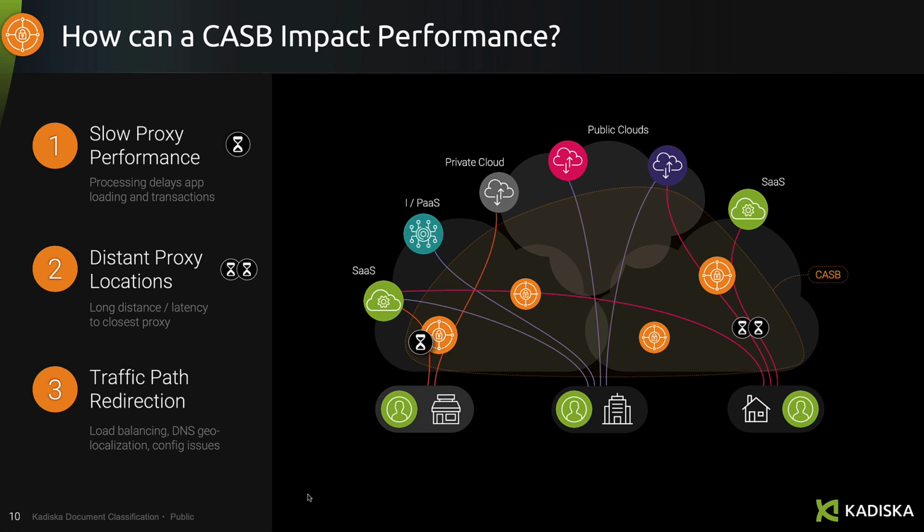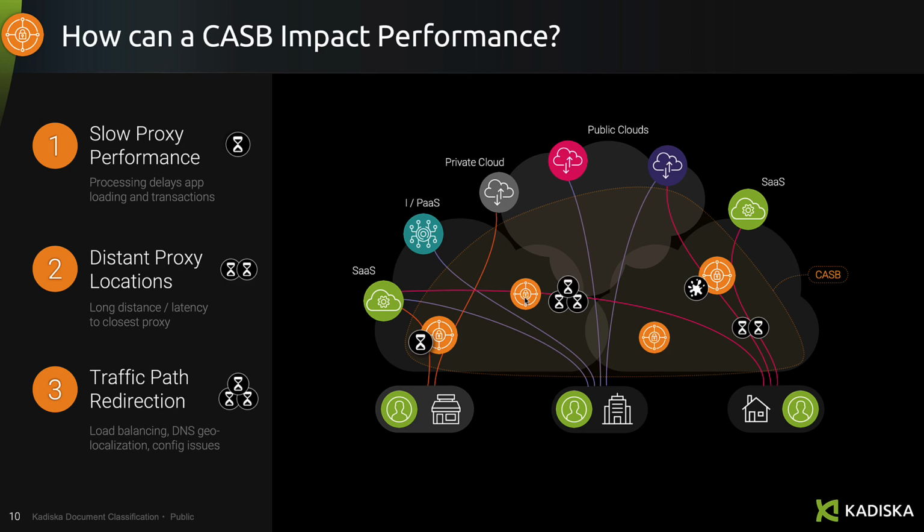The other one, which we see quite often, which is even more impactful, is if a user is trying to access a proxy, but for some reason the local internet provider's DNS resolution or the BGP routing sends the user to a different location by geolocation to a different proxy, not the one that's closest to them, but one that's quite far.